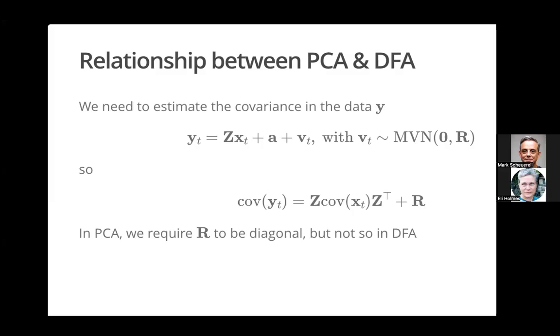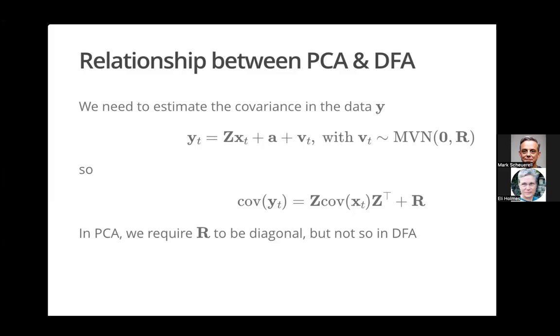In PCA, the form of this covariance matrix must be diagonal, meaning there's only values on the diagonal of a square matrix. There's nothing in the off diagonals to indicate that there's covariance, that two things go up and down together, or out of phase with one another. In DFA, we can relax that.